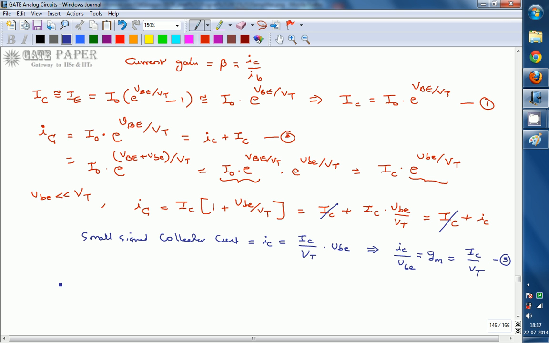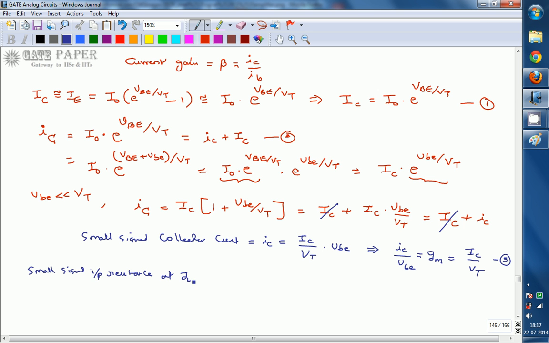And one more parameter we are defining, small signal input resistance at base to emitter junction.